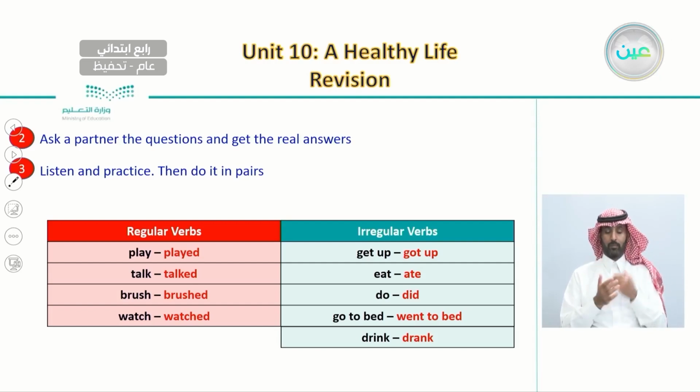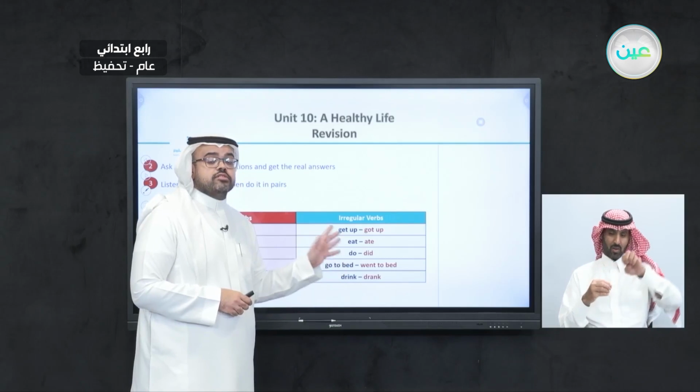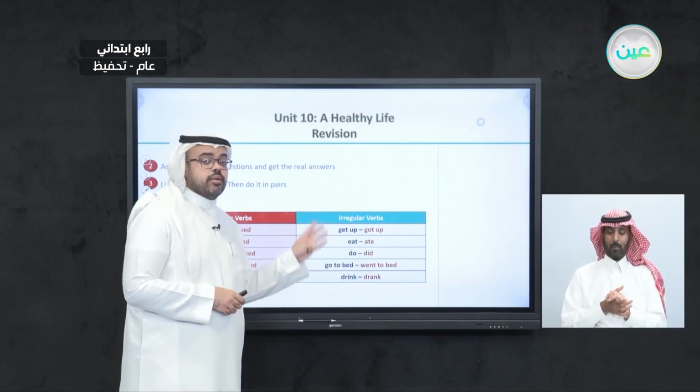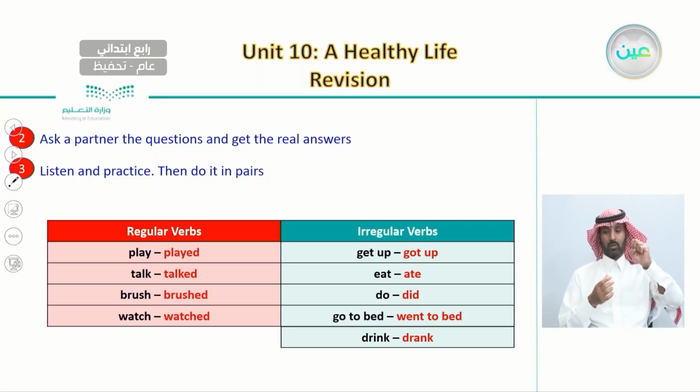And here we have the irregular verbs, where each of these verbs has its own form. Like, for example, get up, got up, eat, ate, do, did, go, went, drink, and drank.